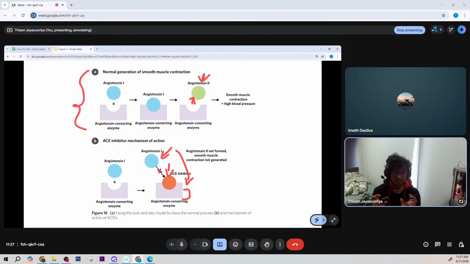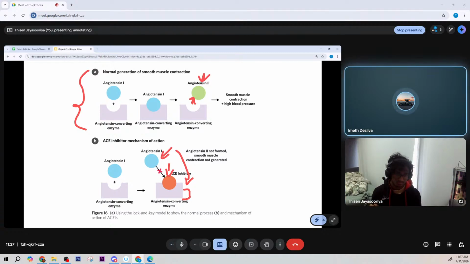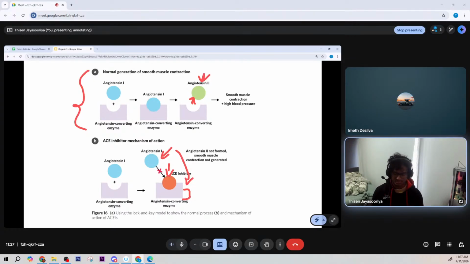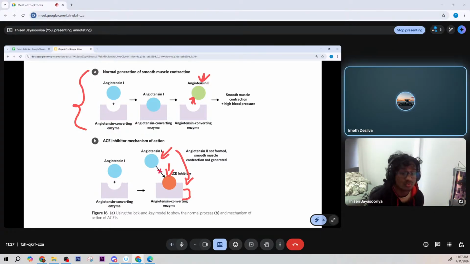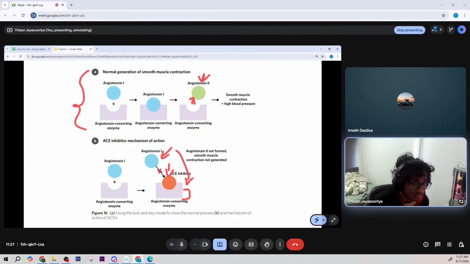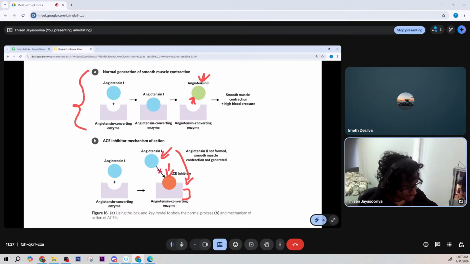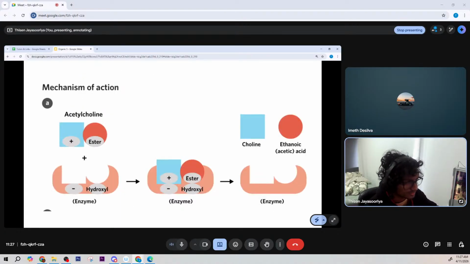So now it's not specific anymore. That's non-competitive enzyme inhibitors. Is that the allosteric site? If you want to get all fancy with it, yes, it's the allosteric site. Do we need to know that? No, you just need to know that it bonds to the outside. You don't need to know about the allosteric site. I don't think they ask about it. They care more about the competitive ones.